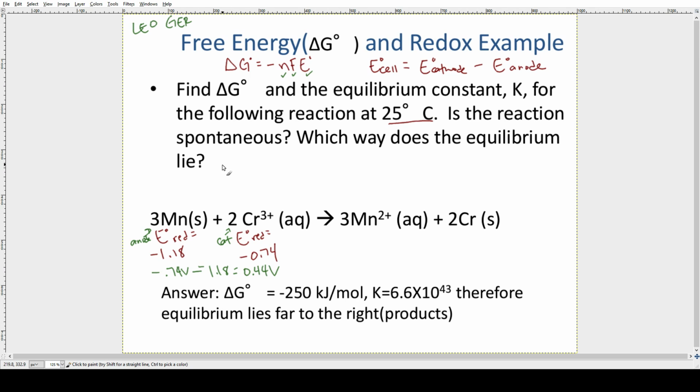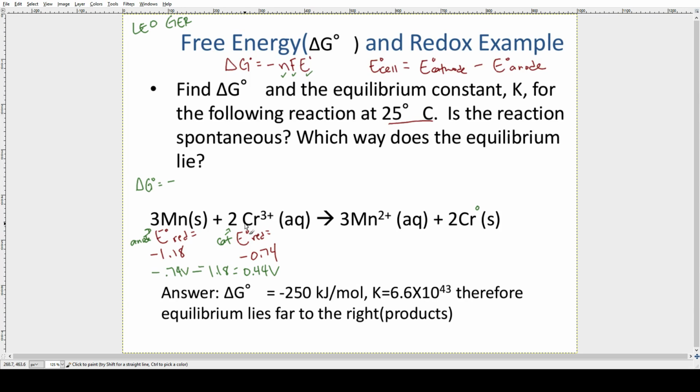Let's start plugging those in. Delta G is equal to negative n, number of electrons transferred. So in this equation here, how many electrons are being transferred between chromium and manganese? Well, we could just look at one or the other. Let's look at chromium. Chromium goes from 3 plus to a charge of 0.